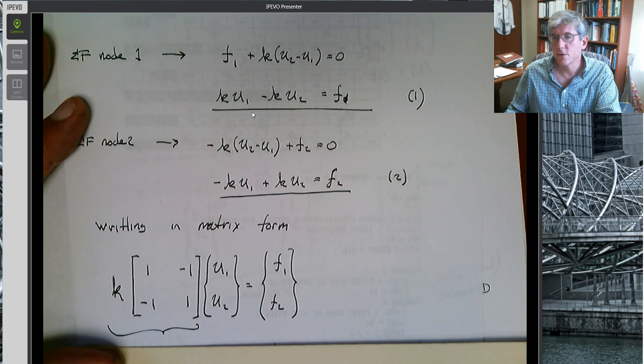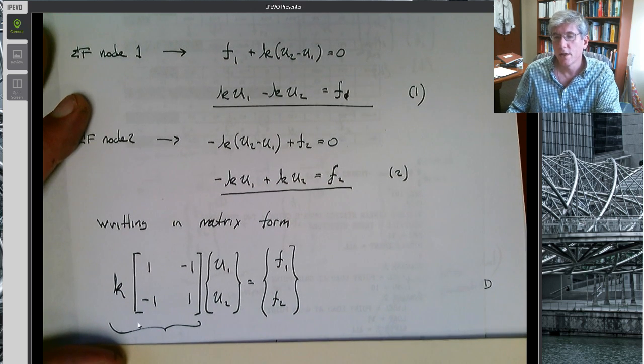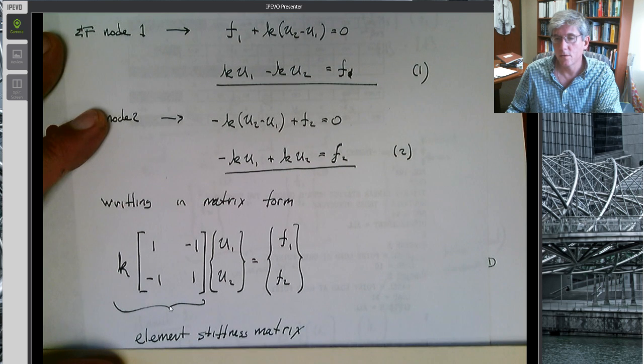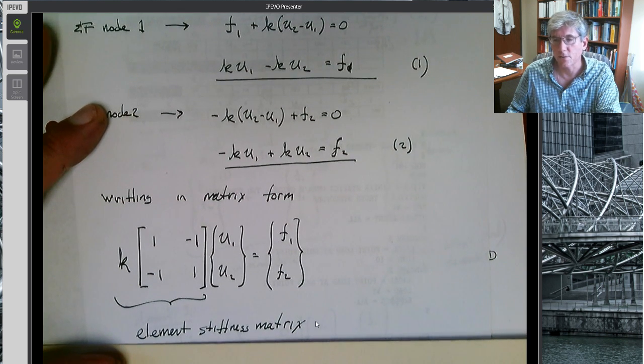So these two equations, here's equation 1, written times its unknown, and here's equation 2, times the unknowns equals the right-hand side, okay? So this thing here is the element stiffness matrix, okay? That's what we call the element stiffness matrix. That's what we want to derive.